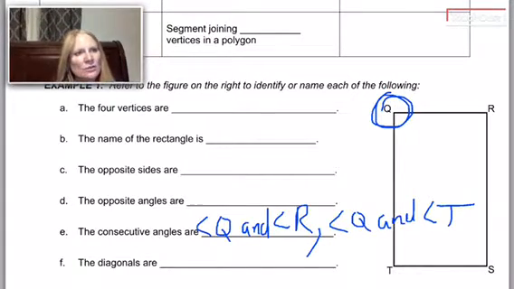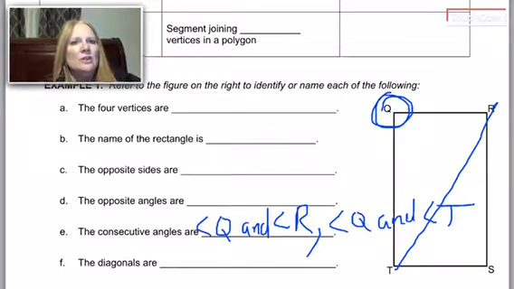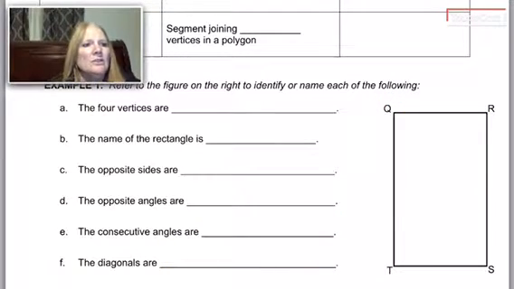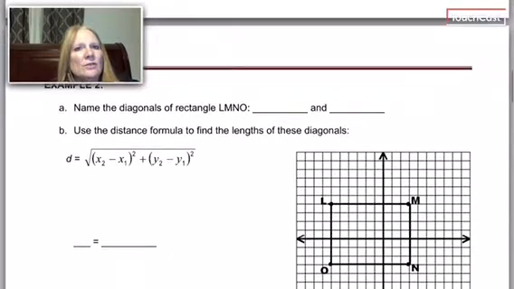And then the diagonals are just the line segments that connect the opposite vertices. So line segment RT and line segment QS.